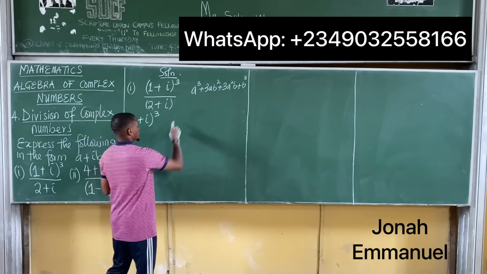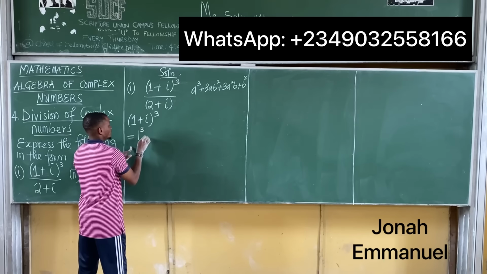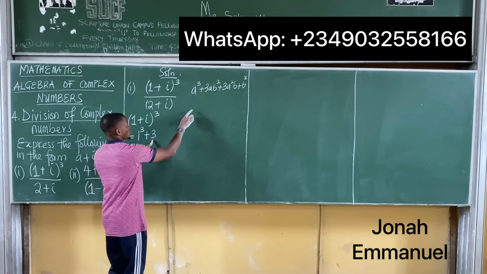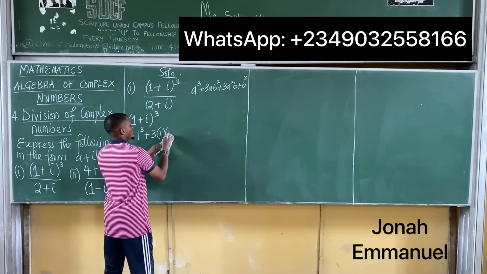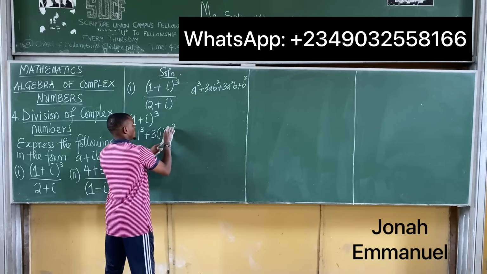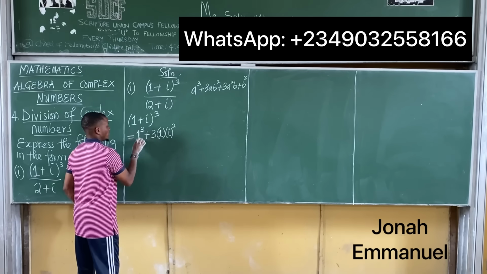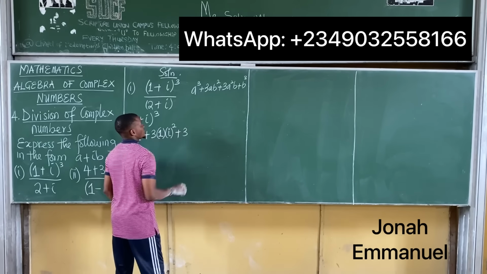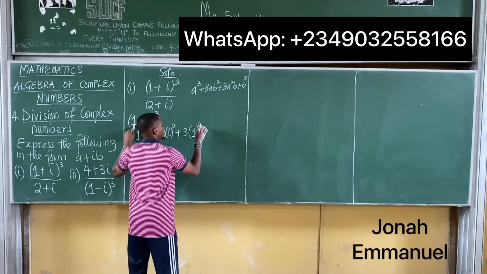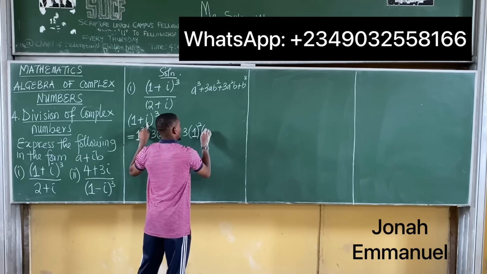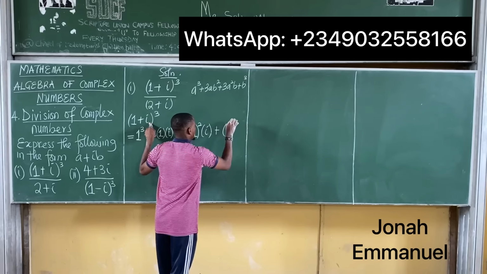So if I use this concept here, a is 1, so it becomes 1 cubed plus 3 into a, which is 1, into b squared. B is now i, so it becomes i squared. Here's 1 plus 3 into a squared, a is 1, so it becomes 1 squared times b, b is i, plus b cubed, that becomes i cubed.